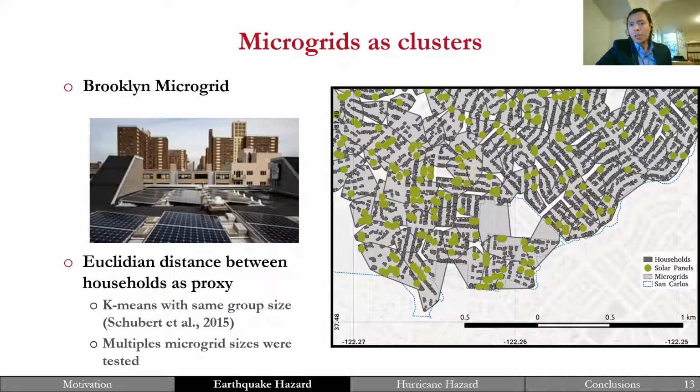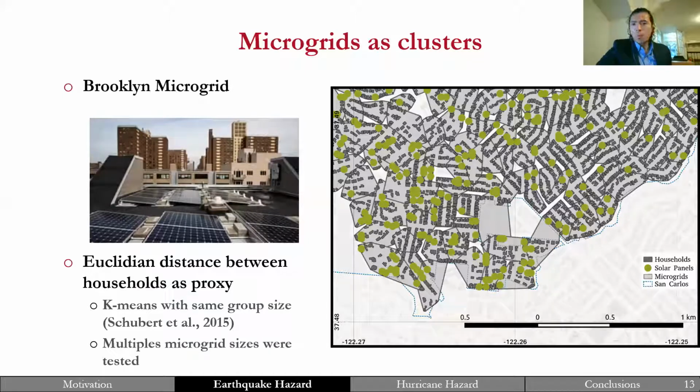Here we didn't focus as much on the infrastructure required to build a microgrid, because that's changing a lot over the years, but just conceptually to see how sharing energy between houses in close proximity can help you be more resilient to earthquakes for the power grid.